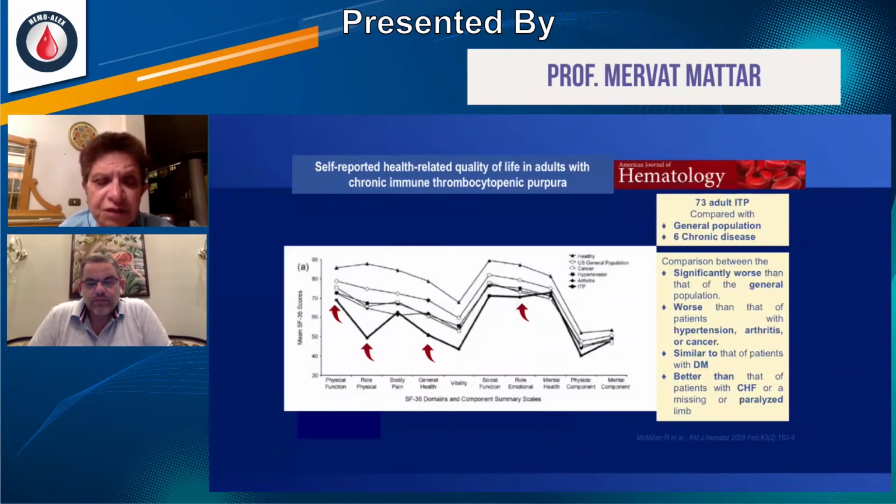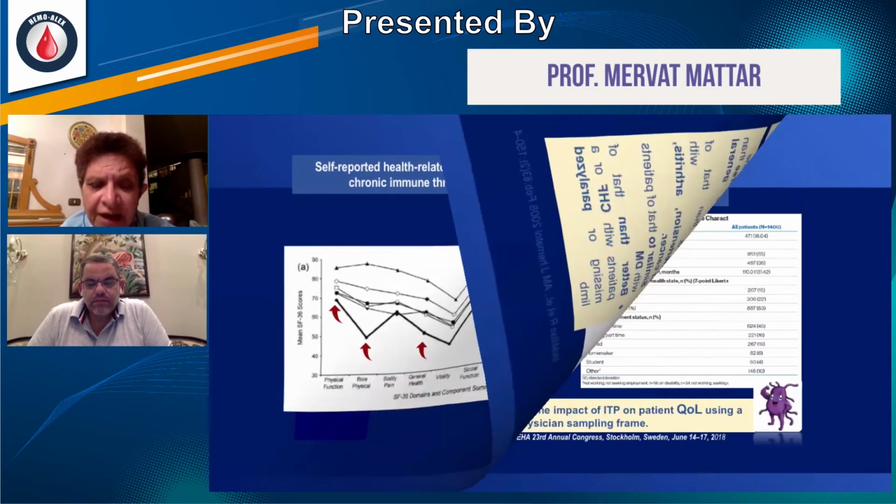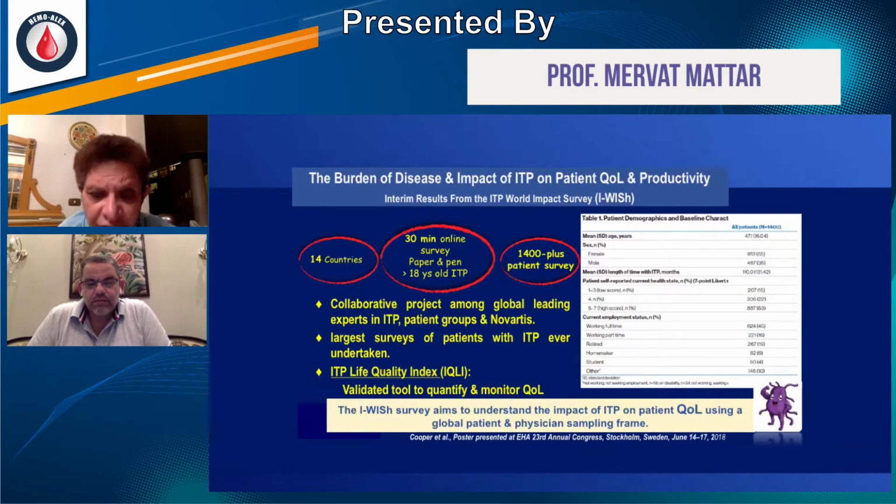Now, chronic immune thrombocytopenia does not only cause bleeding, but it can affect quality of life. Quality of life with chronic ITP can sometimes be worse than in patients with hypertension, arthritis, or even cancer, and is similar to patients with diabetes. We joined the iWISH study, which included 14 countries and around 1,400 patients.